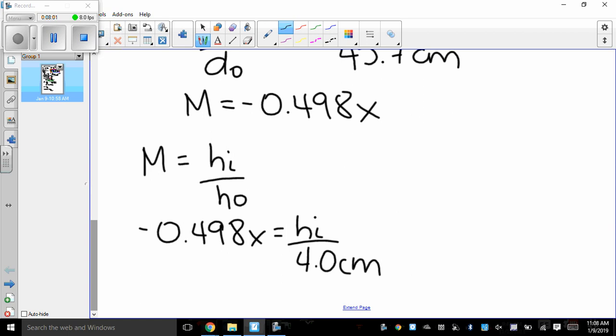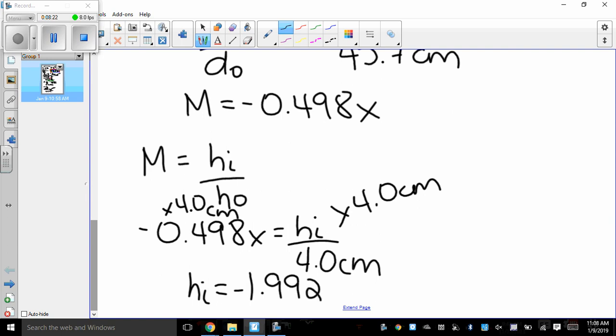I'll solve for it. It's dividing. I'm going to multiply on both sides. Negative 1.99. Okay, and this I'm going to add my centimeters.